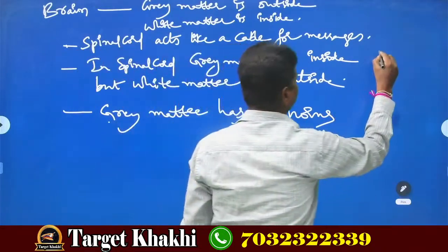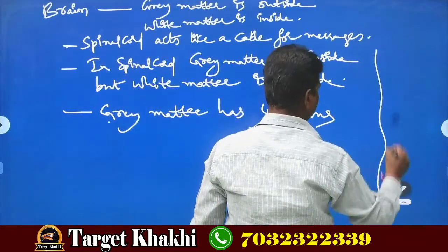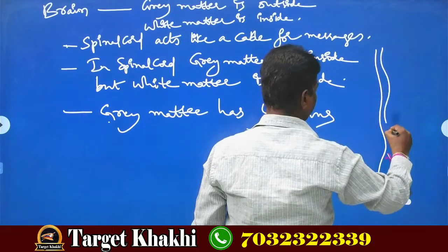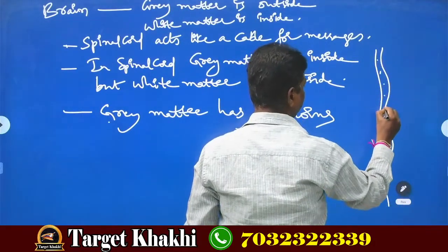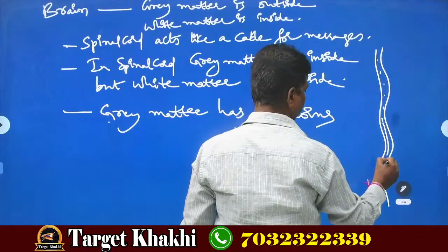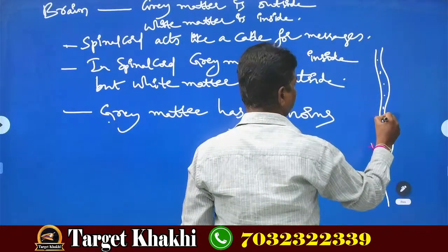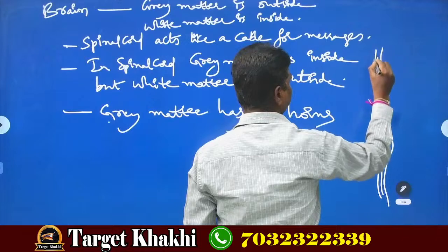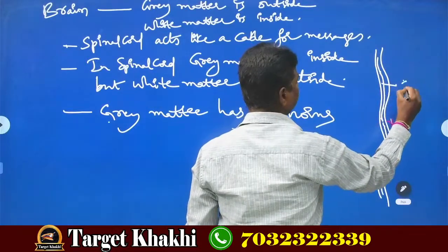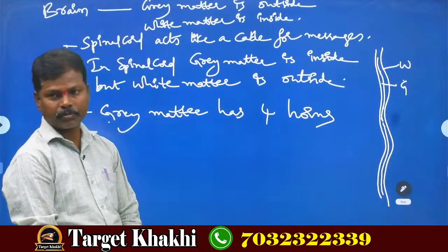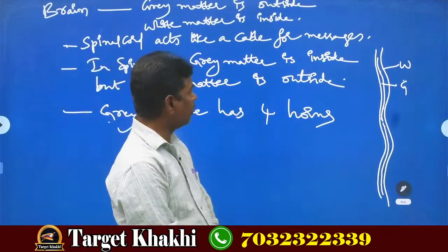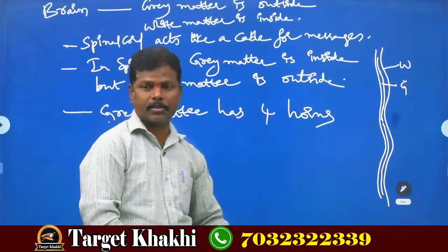In the spinal cord, the gray matter will be inside, white matter will be outside. Understood? The gray matter will be inside, white matter will be outside, right?